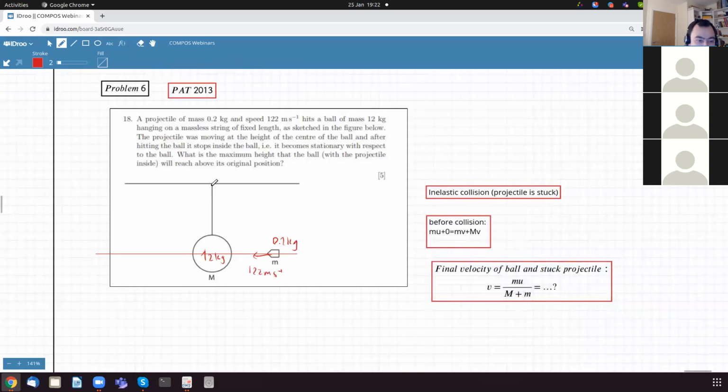So what happens is that the ball swings and reaches a new height, and you need to calculate how much it rises above the original height. Usually it's measured from the center. Okay, let's not confuse ourselves and actually measure from the center of the ball. So this is the center. This is the new position of the center, so we need to find the height.